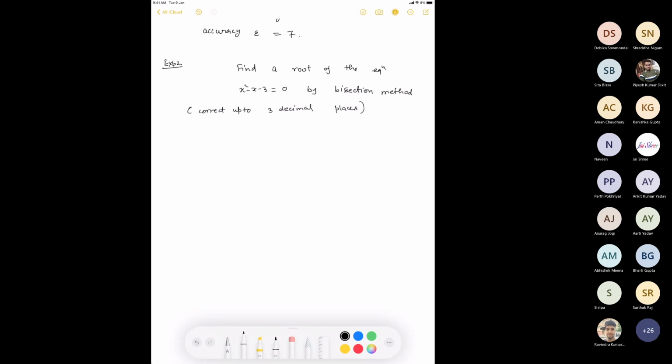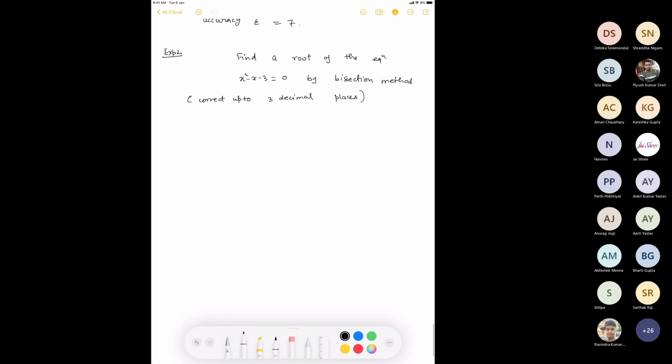Okay, so here again, I have to choose 2 values a and b such that f will change the sign in the interval ab. Right?